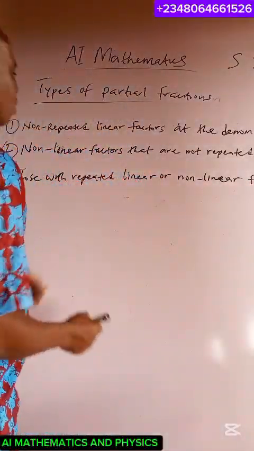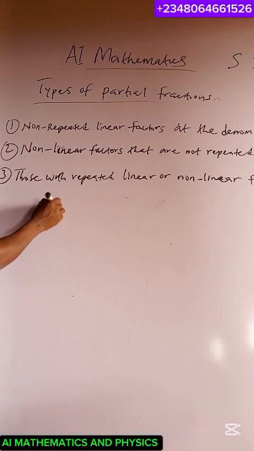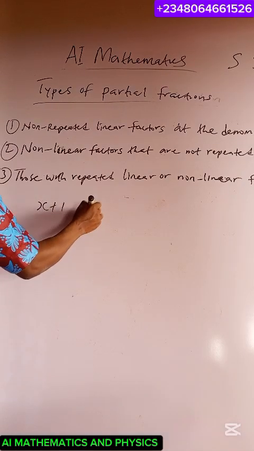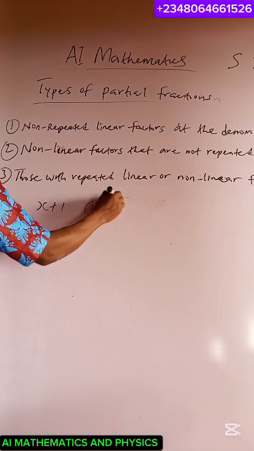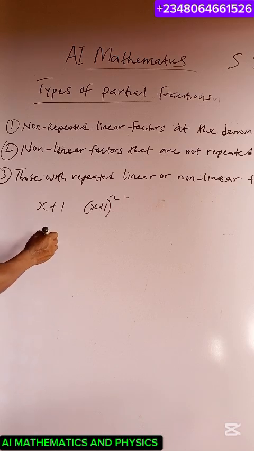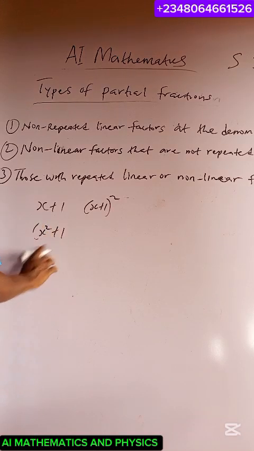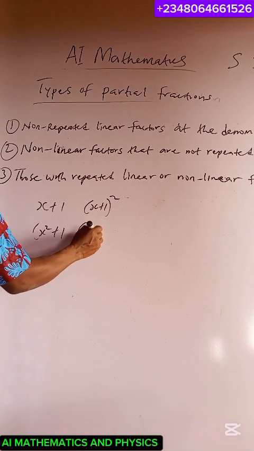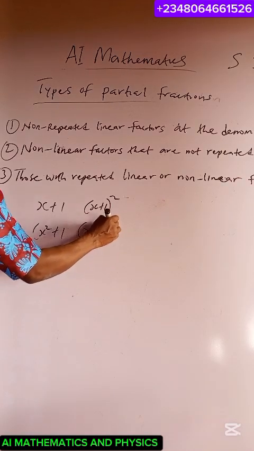Repeated linear is this. When it's repeated, you have something like this. And non-linear, x squared plus 1, and you have x squared plus 1 again.